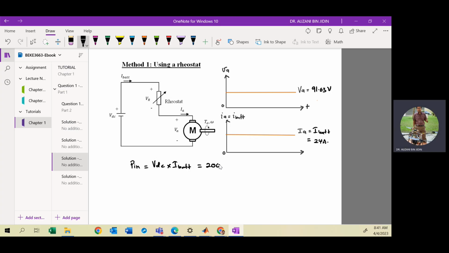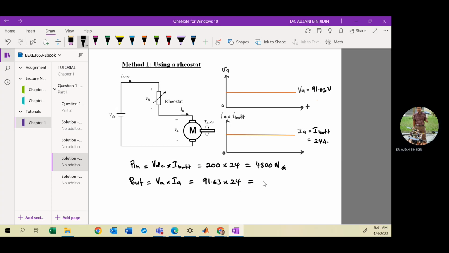The VDC is 200 volt, the battery current is 24, so 4,800 watt. For P out, it is VA and IA, where VA is the armature voltage, 91.63 volt, and the current is the same, 24.